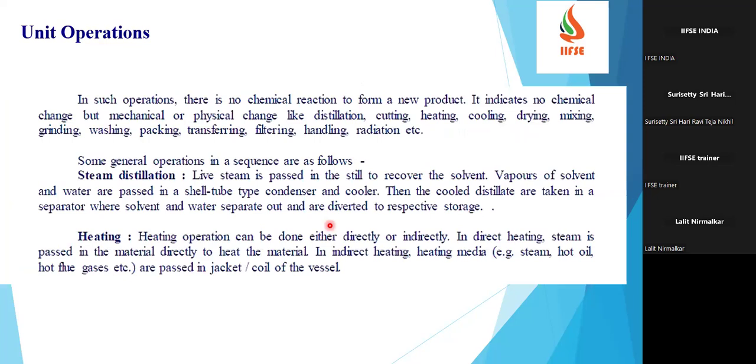Now, unit operations. In such operations there is no chemical reaction to form a new product. It indicates no chemical change, only mechanical or physical change, like distillation, cutting, heating, cooling, drying, mixing, grading, washing, packing, transferring, filtering. That is the major difference between unit processes and unit operations. In a process, a chemical reaction happens and you form another chemical.